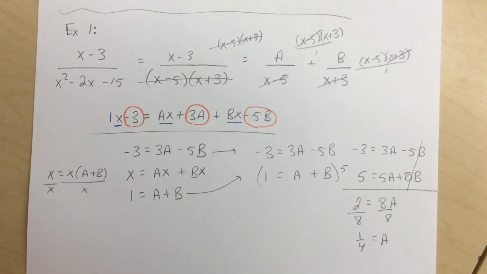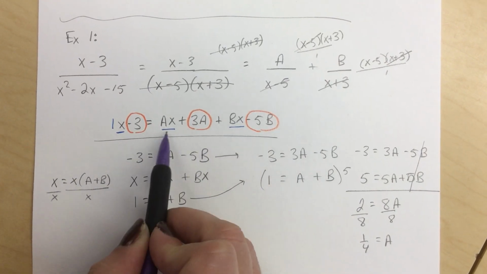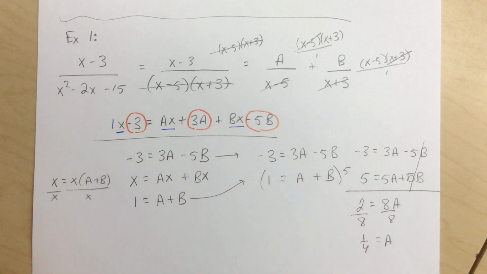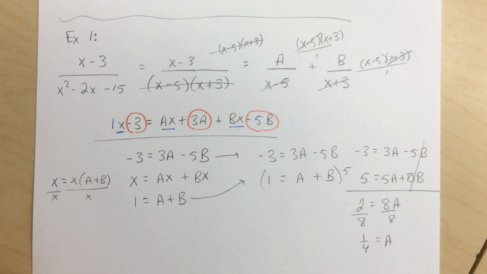So if you look back at this original equation, the blue is the stuff with the x's, and the orange is the stuff without the x's. So it should be -3 equals 3a minus 5b, because it's minus 5b. And then from the x's, you get 1 equals a plus b.